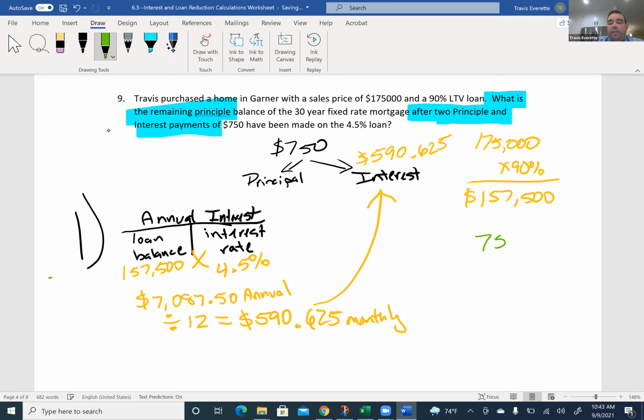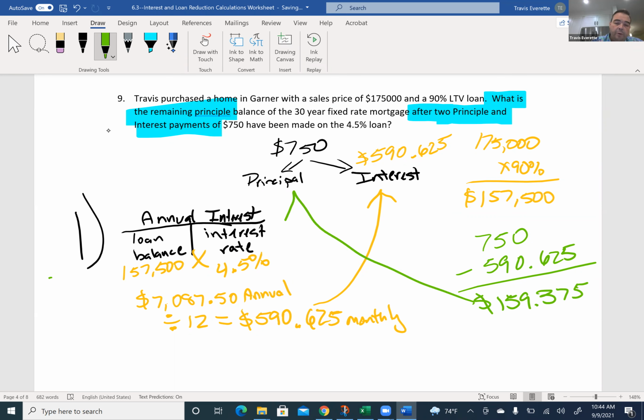If the total payment is $750, but $590.62 or 63 cents of it is being eaten up by interest, we got $159 and about 37 or 38 cents. Oops. 0.375, 37 or 38 cents that's going toward principal.